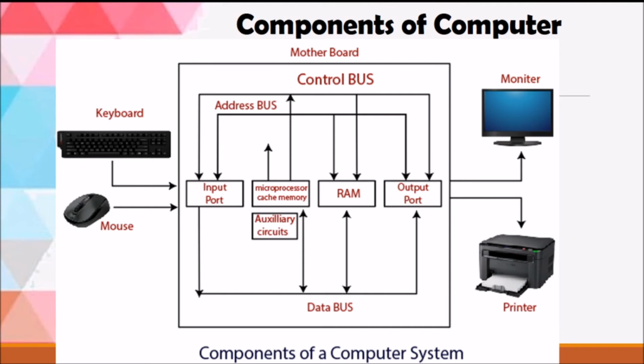And just look at this, the components of a computer system include monitor, printer, mouse, keyboard, then arithmetical processing unit, logical unit, microprocessor, cache memory, RAM, auxiliary circuits, output memory.